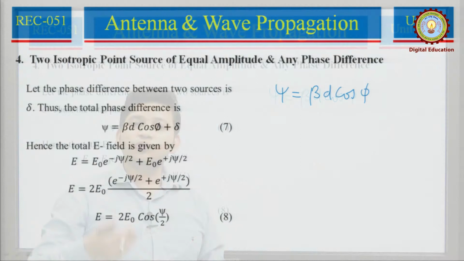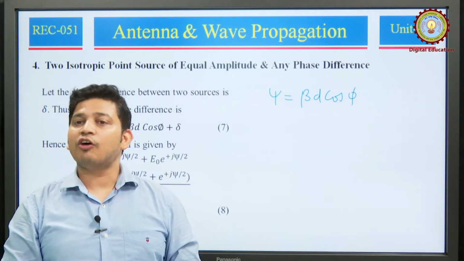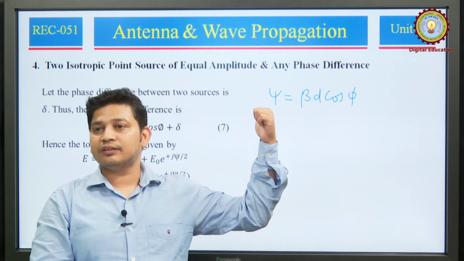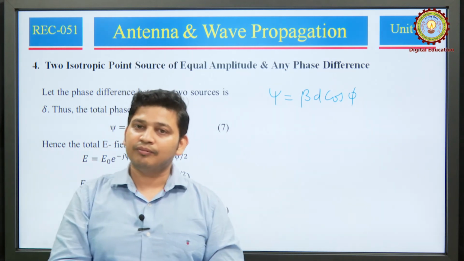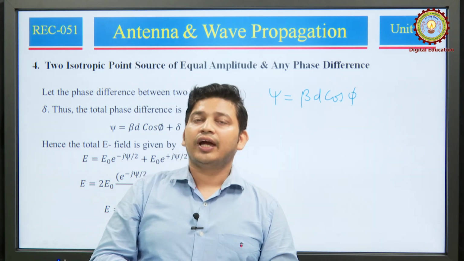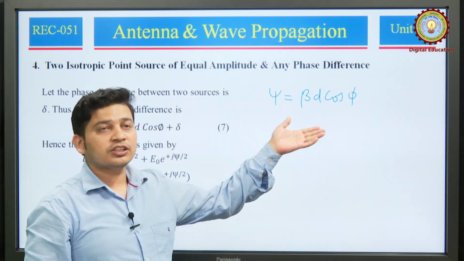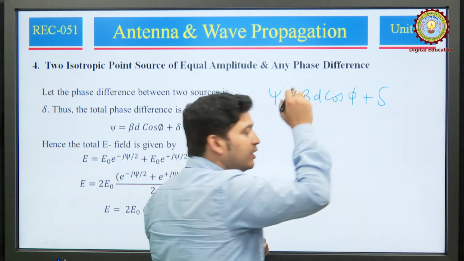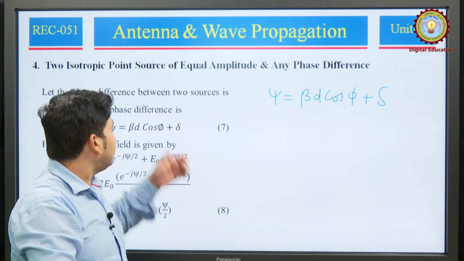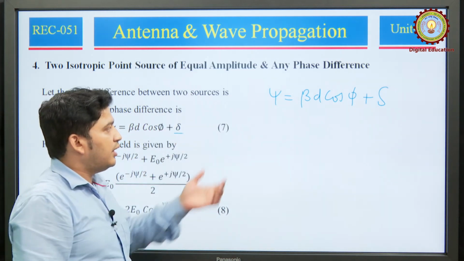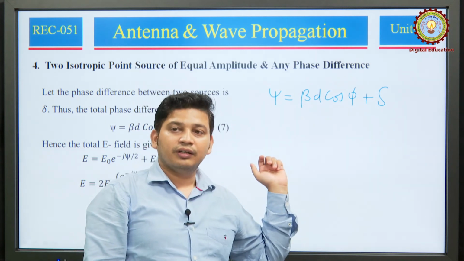We have to assume that factor, and how do we consider it? It is additive in nature to that particular phase difference, because the path length is the same, but we have the introduction of an arbitrary phase which is additive to this. So we consider beta d cos phi plus some value, and let us abbreviate it as delta. So, let the additive phase difference be this value, and we have represented it over here.